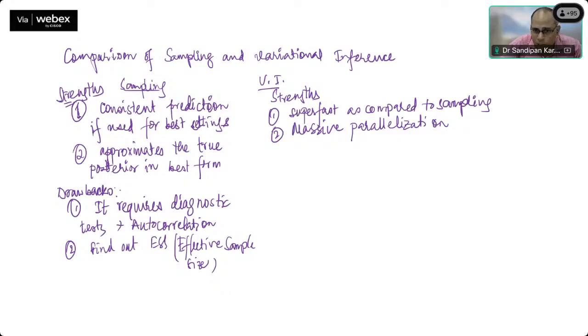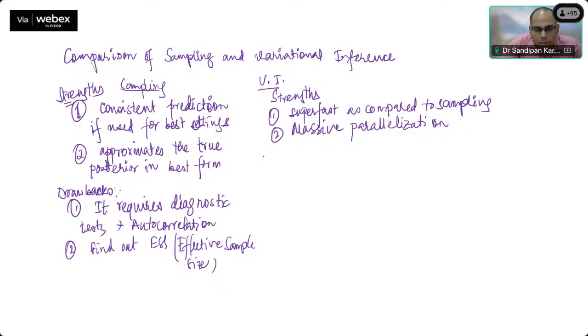Here in variational inference, there is no cross correlation, no autocorrelation. It also requires much lesser computational resources as well as storage resources.